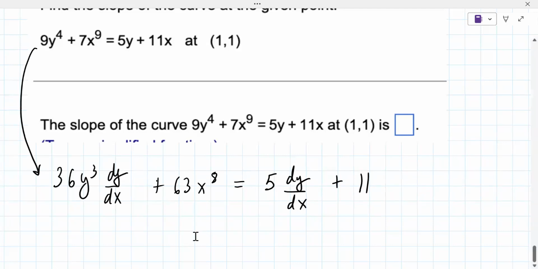So this is just like the last problem where you have to solve it for dy dx. So I would recommend moving the 5 dy dx left, the 63x to the eighth right. I'd like you to try solving this for dy dx.